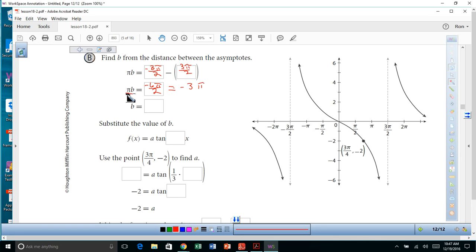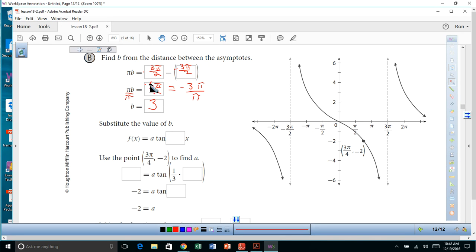All right, so if we divide both sides by pi, we get b is going to be negative 3. Well, it's actually going to be just 3, because we could have done 3 pi minus negative 3 pi.